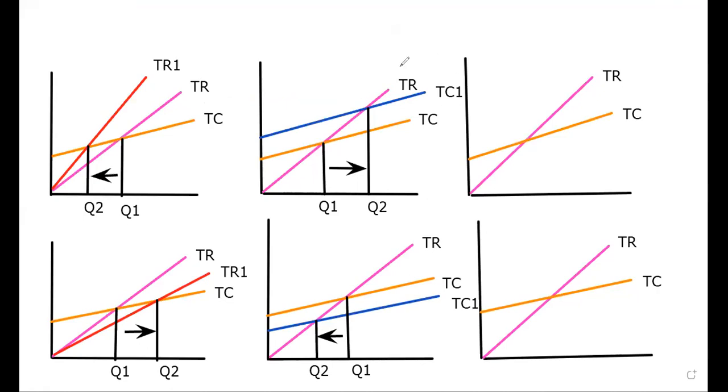With the variable cost increase, the steepness will increase. The starting point will not change, but the angle will be steeper, going like this. I'm drawing a little bit here. You can see the new angle. I call this TC1.